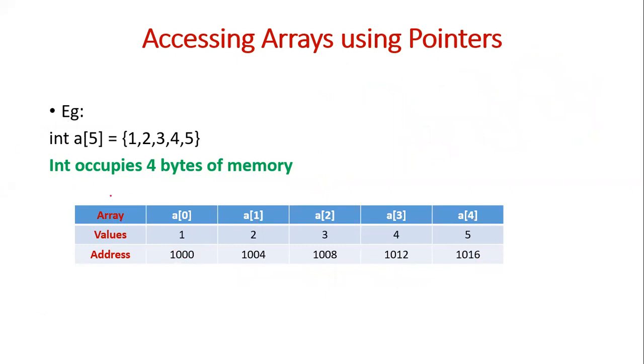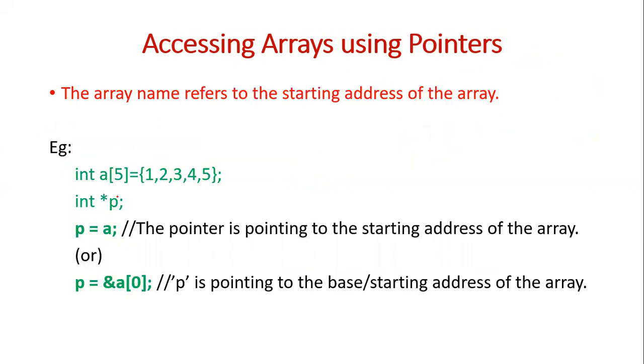Okay, now we have discussed only arrays, we have not yet come to pointers. Now we shall see how to access this array using a pointer. The array name itself refers to the starting address of the array.